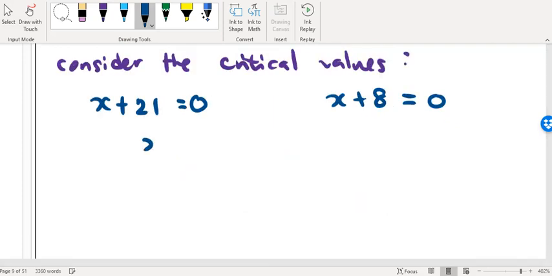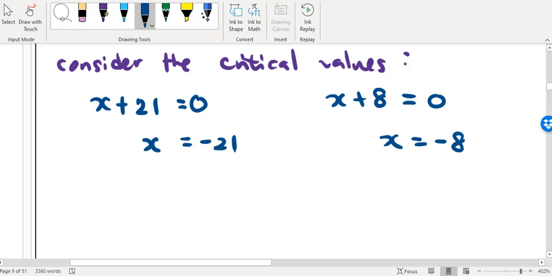So simplify it: x equal to -21, x equal to -8. And do remember to put the word 'and'. Wait, is it finished?